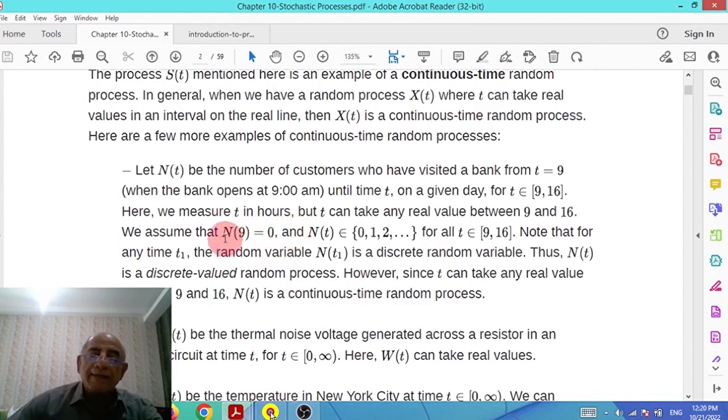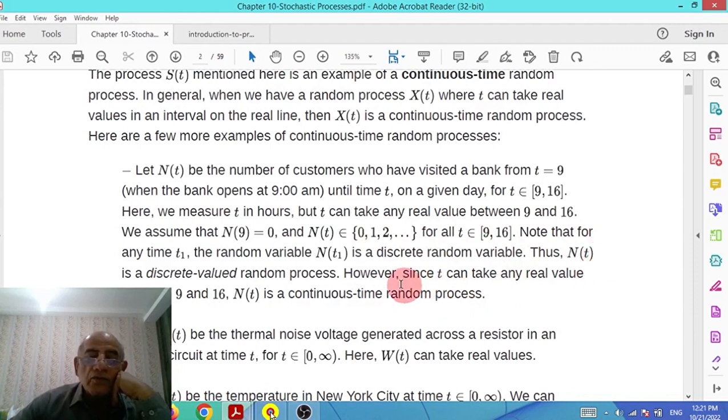But as time passes and t takes a value in this interval, the number of people that enter the bank may be 0, 1, 2, taking one of these values at each time.